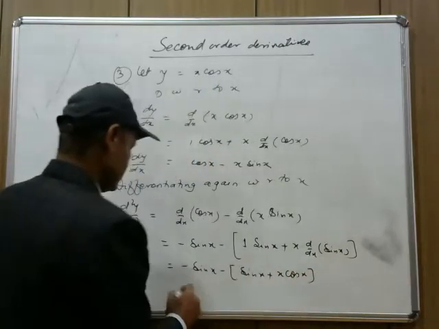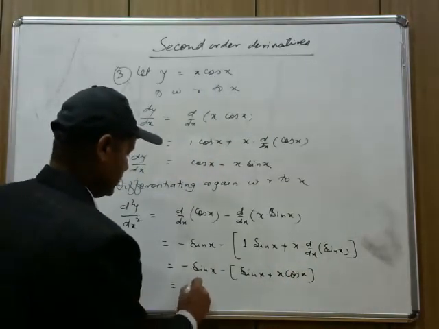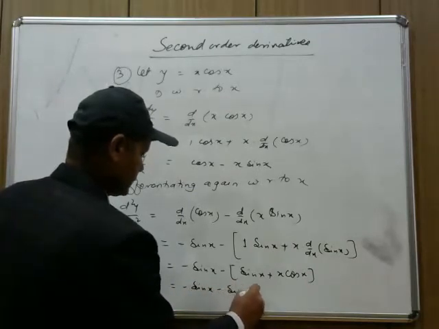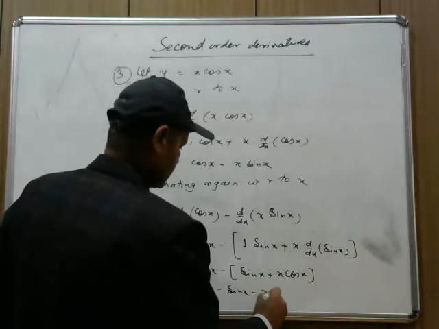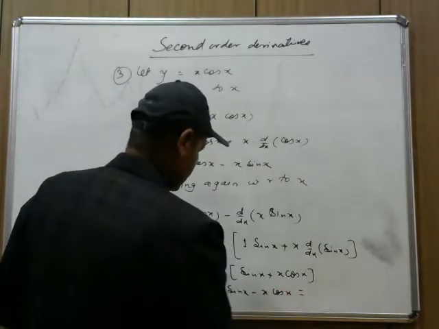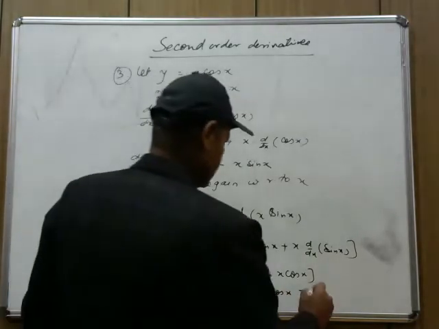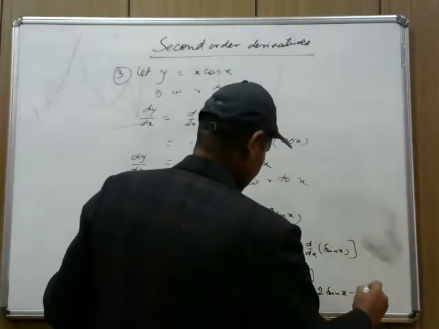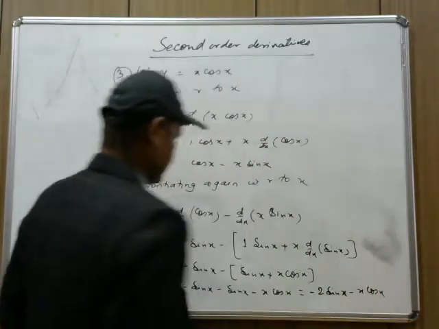Now open the bracket. We can write minus sin x minus sin x minus x cos x, and that is equal to minus 2 sin x minus x cos x.